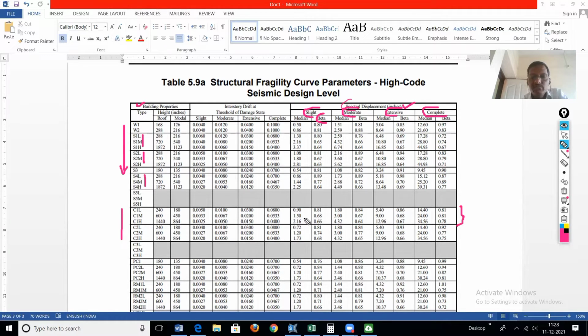So for medium, for slight damage, how much? 0.68. For moderate damage, what is the value? 0.67. For extensive damage, 0.68. And for the complete damage state, 0.81. So these are the 4 beta values from the Hazus manual for the medium height building.